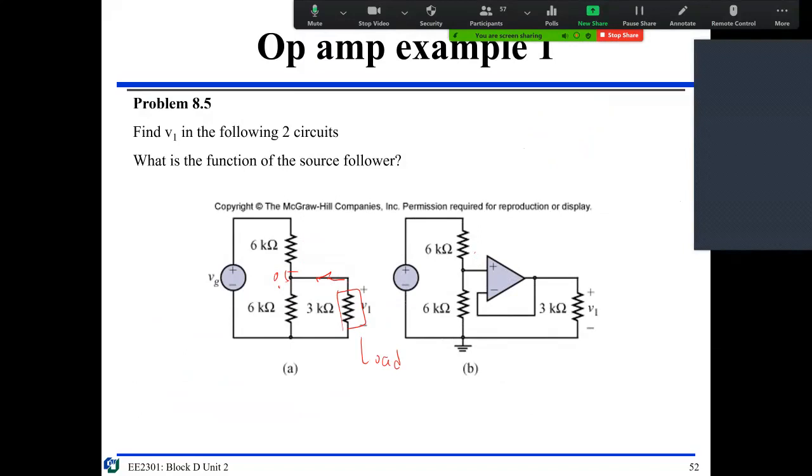But if you have this follower here, then you have impedance matching. So no matter how big is this one, you will not change, this is 50% of this VG, okay? 0.5 is not going to change, okay? Because from that side, this one is broken, okay? This is infinity, okay?